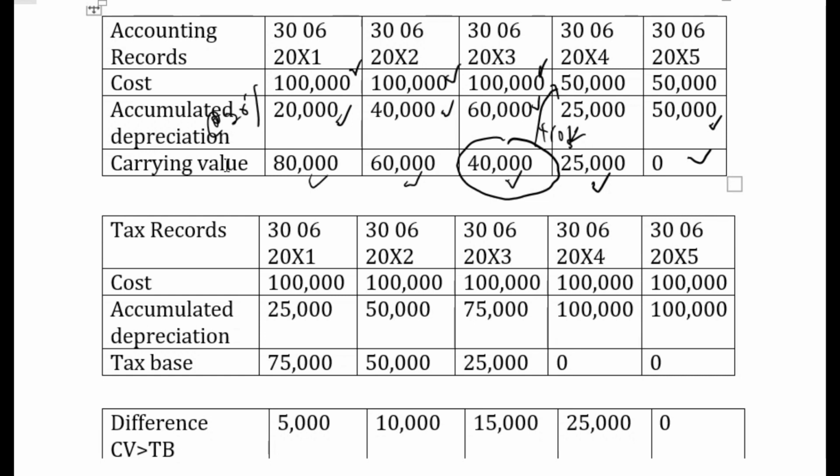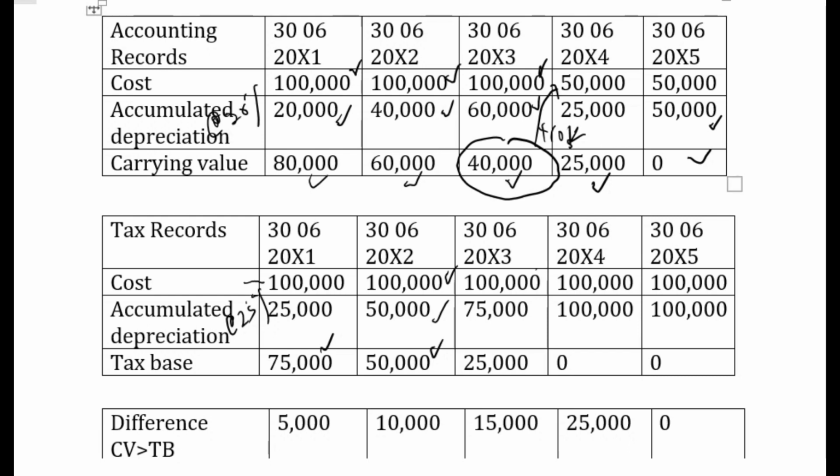In tax records, the cost is $100,000, and it's depreciated at 25%. The first year, the tax base is $75,000. Second year, accumulated depreciation is $50,000, tax base is $50,000.